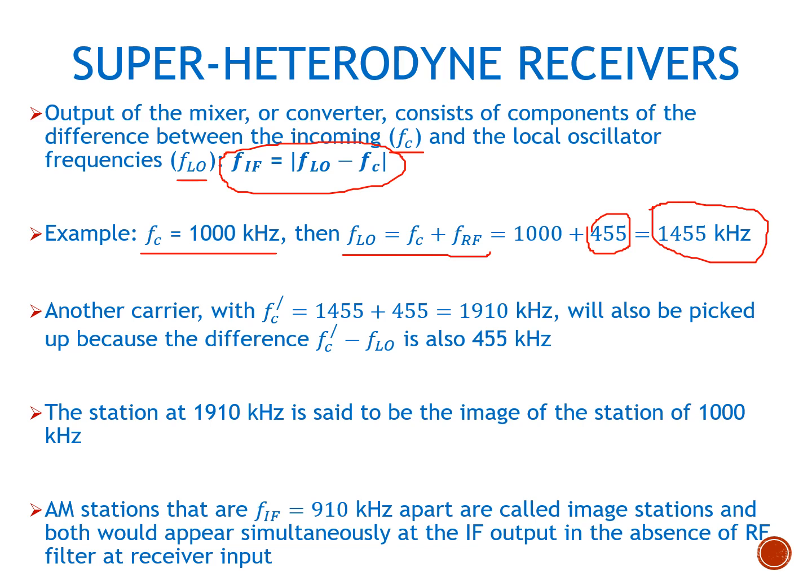Now let's say we have another carrier that is at a frequency of 1910 kilohertz. For this frequency, the local oscillator would be tuned to 1455 kilohertz, because 1455 plus 455, the constant IF frequency, when you add them up we get 1910 kilohertz.